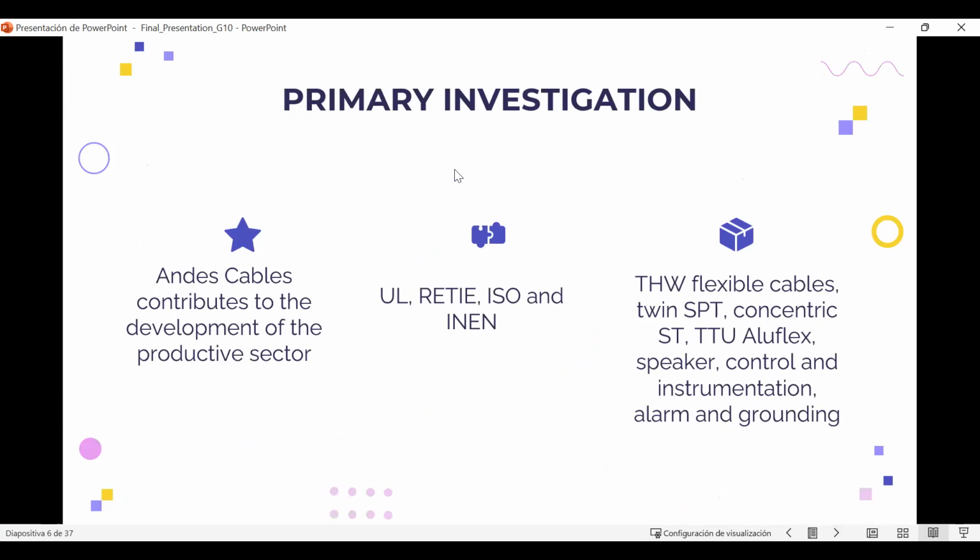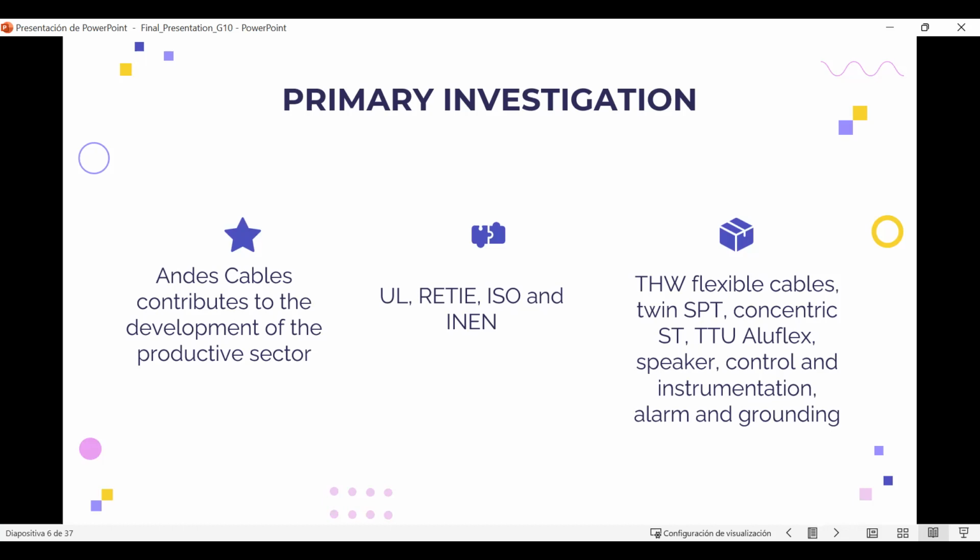Primary investigation: Andes Cables contributes to the development of the productive sector and to the dynamics of the regional economy, delivering products that comply with international and national standards such as UL, RTIE, ISO, and INEN, making the most of its resources while maintaining high quality and prioritizing the environment.